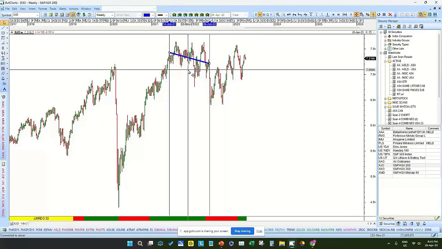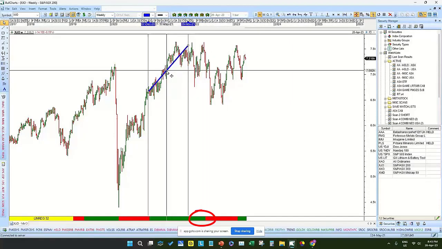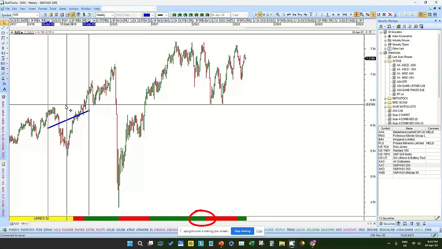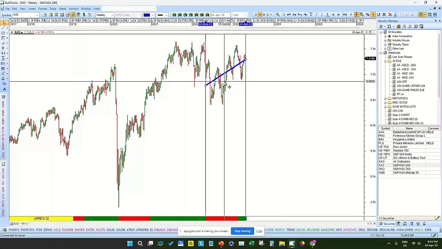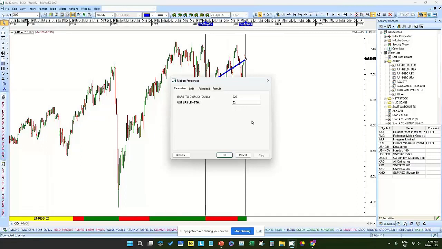That linear regression line is negative, and now it goes flat, and now it flips into green, and so on and so forth. So that tool allows me to set a linear regression line and turn it into a bar, so I can tell whether generally that line is upwards or downwards over that period of time.